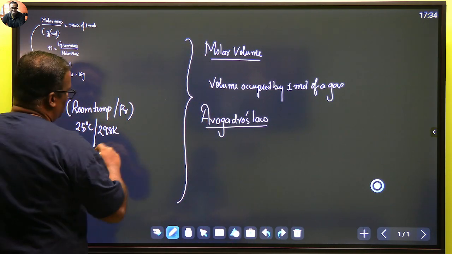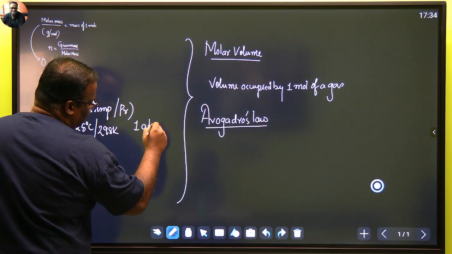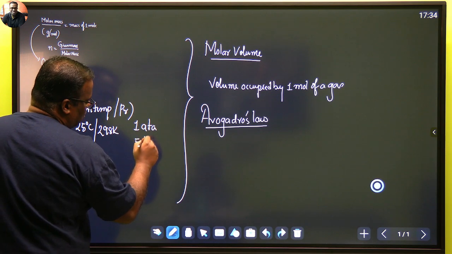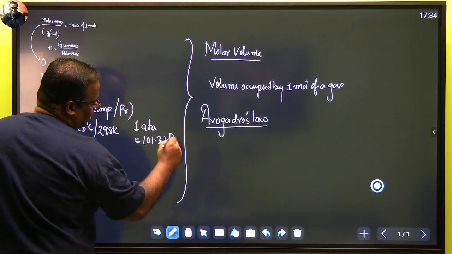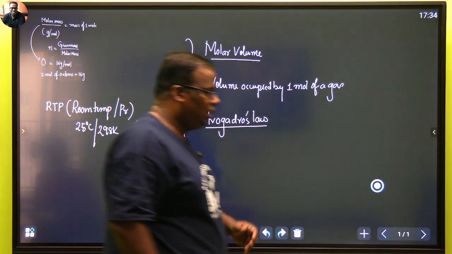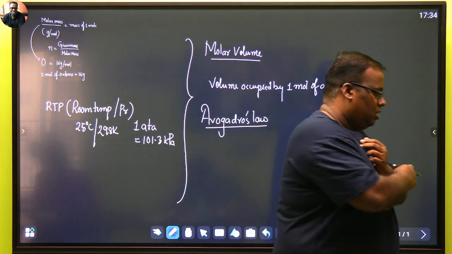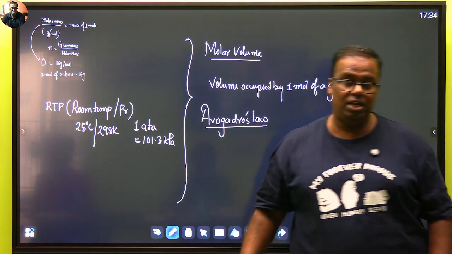And so room temperature and pressure, and the pressure is taken as 1 atmosphere. And 1 atmosphere is equal to 101.3 kilopascals. Kilopascals, I'll explain these. So just note this down. Everything that we do in Cambridge is done at RTP, whereas in CBSE we work this out in NTP.